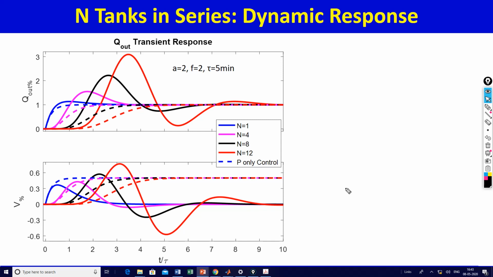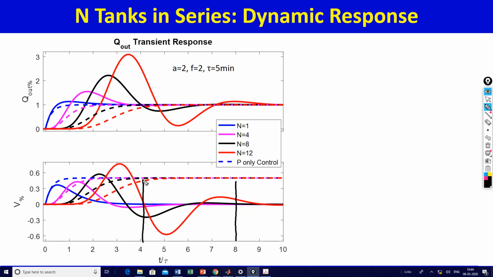Solid is PI, dashed is P. So you can see that the red response is completing 95% or I don't know 96-97% in about 8 time constants, whereas the red response for the P controller is completing in about 4 time constants.